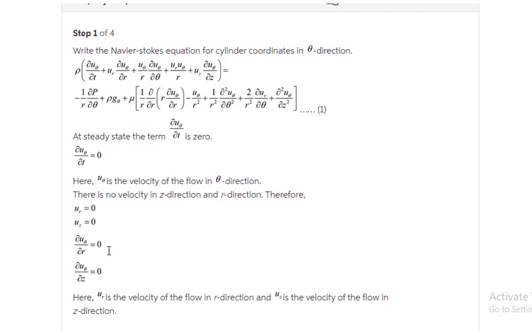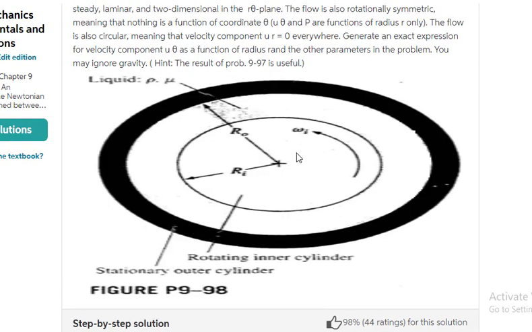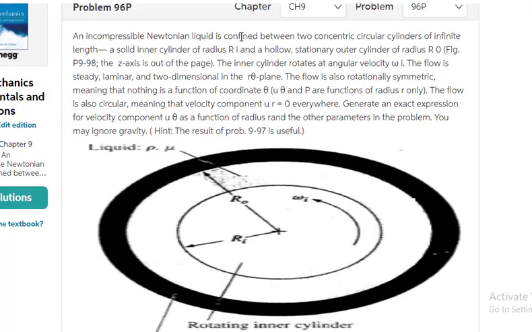Then u theta remains. ur and uz: ur means the velocity along the r direction, and uz means the velocity along the z direction, will also be 0. ur is given in the problem as equal to 0. uz is 0 because it is an infinite cylinder, and when the flow is developed, uz will also be equal to 0.